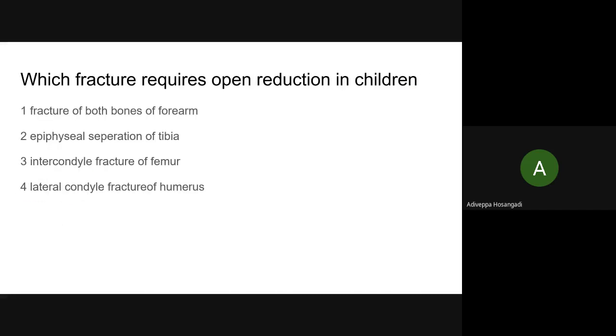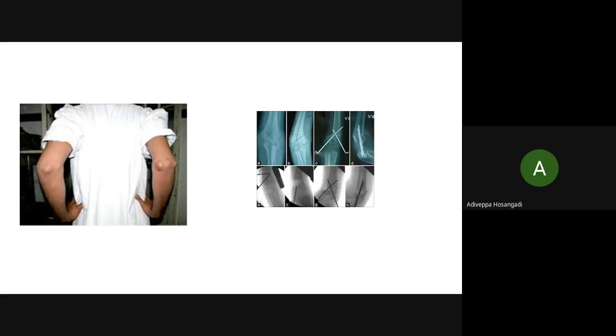Which fracture requires open reduction in children? Lateral condylar fracture. Very good. So this one important thing again I want to mention. You remember these photographs, then you will recollect a lot of things.